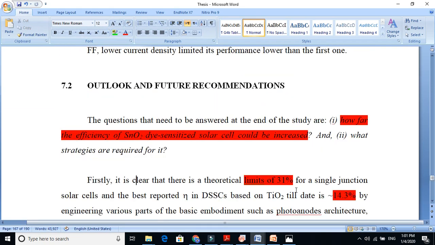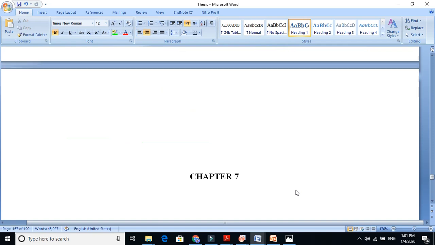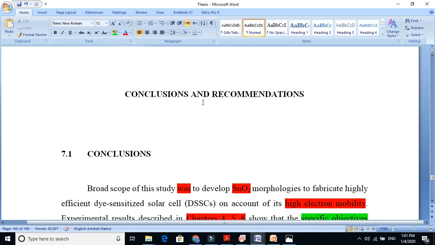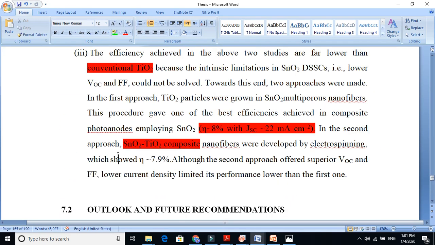The conclusion and recommendations chapter is basically composed of conclusion and outlook with future recommendations. In the conclusion part, you just conclude your whole result discussion chapter, only the result discussion chapter. And in the outlook and future recommendation, you give suggestions and recommendations for whoever is going to take this work to some higher level.